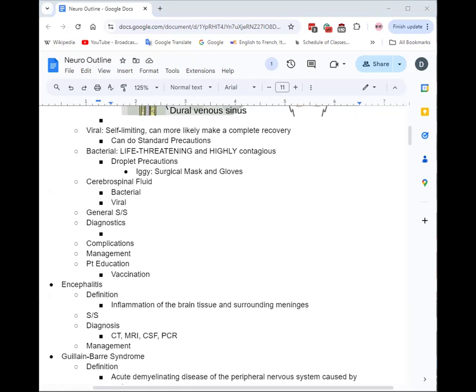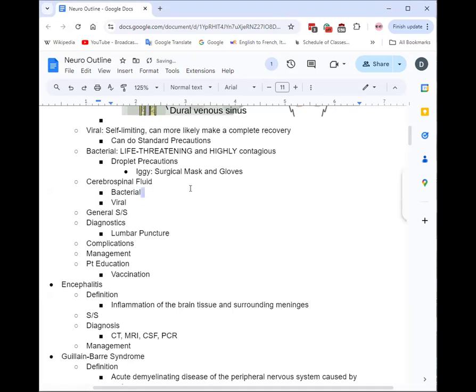What's the thing called? Pretty much a culture of the cerebral spinal fluid. There's a specific name for the procedure when they actually get it out. Yeah, the lumbar puncture. So that's one of your diagnostics.